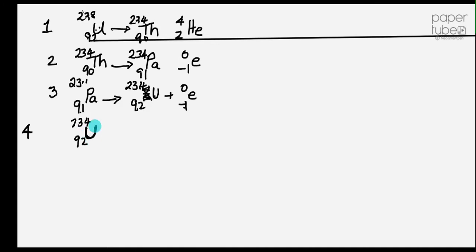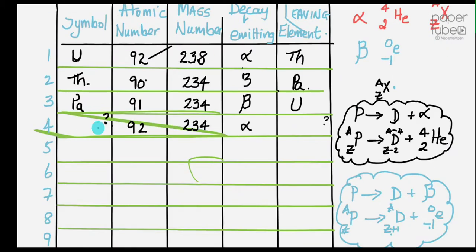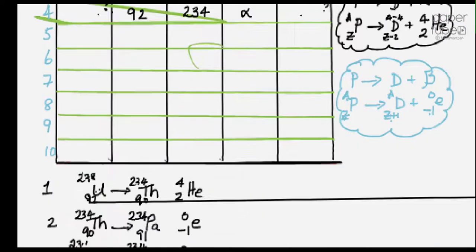Fair enough. Look up the table above it, number 1. So it's going to go to something plus an alpha particle, 4, 2, He. Something in there emits an alpha particle and goes to something. There's the alpha particle down here.